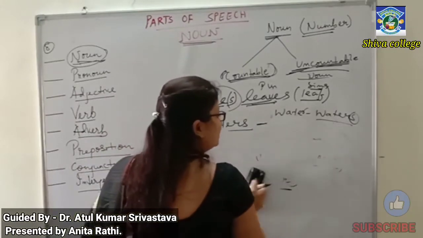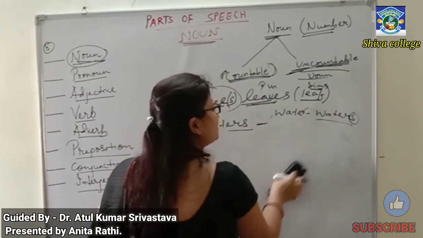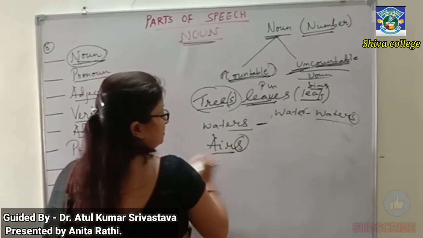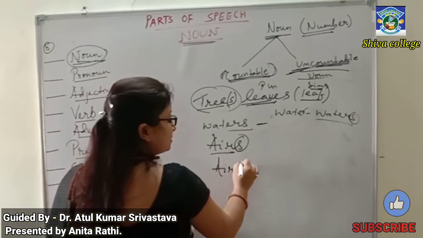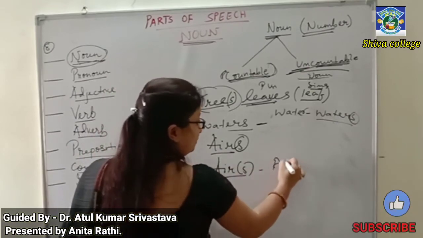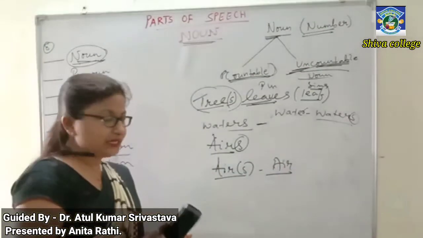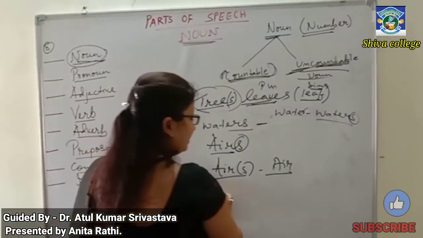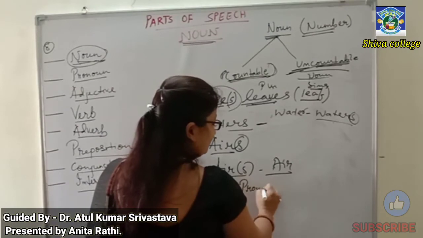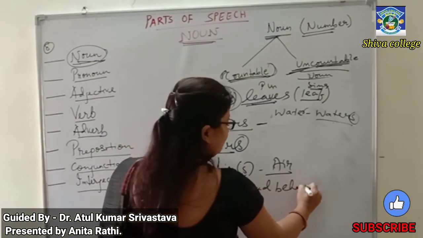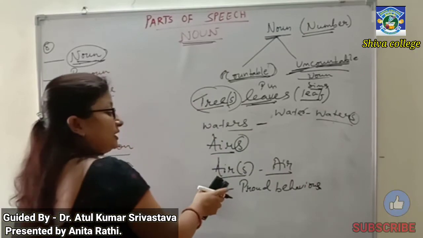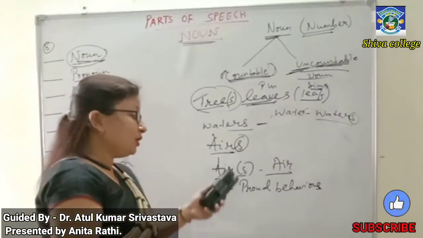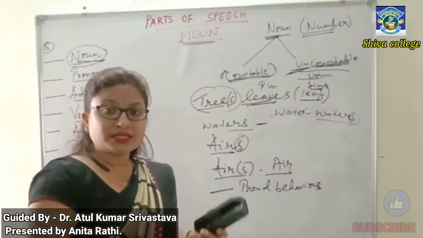Next word, many students have confusion with the word airs. This airs does not mean the air which we breathe in, not air or oxygen. This airs means proud behavior. So whenever the word airs is used in a sentence, it means proud behavior, for example, your airs are irritating me.